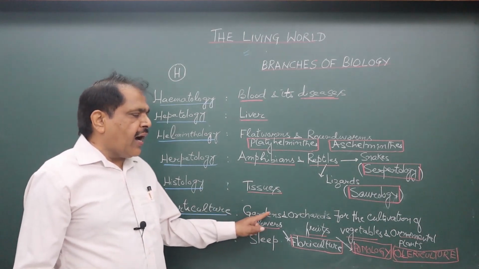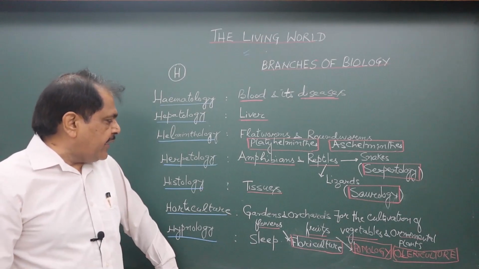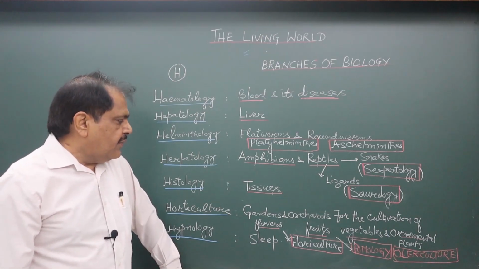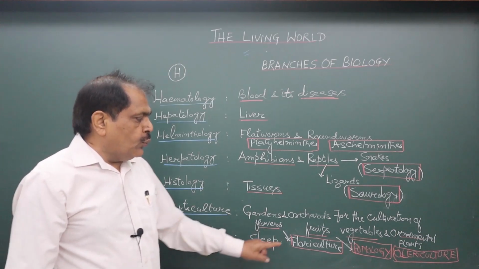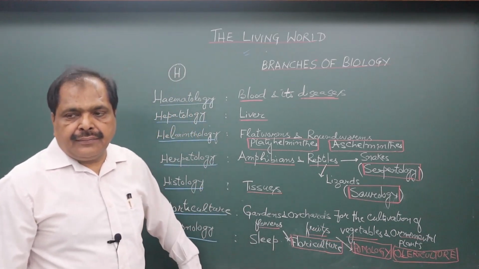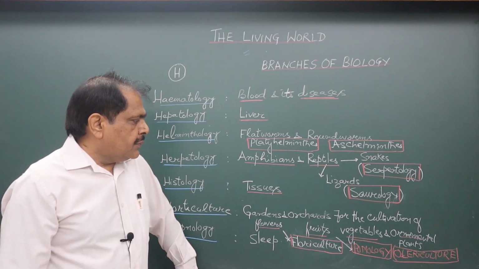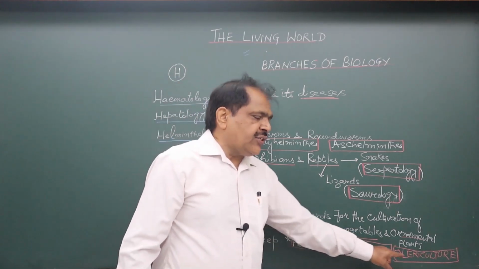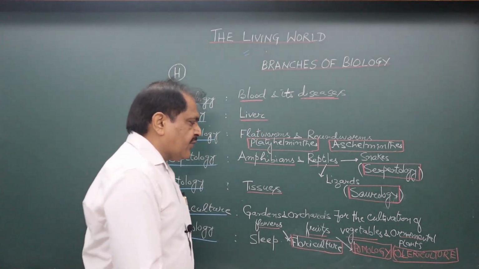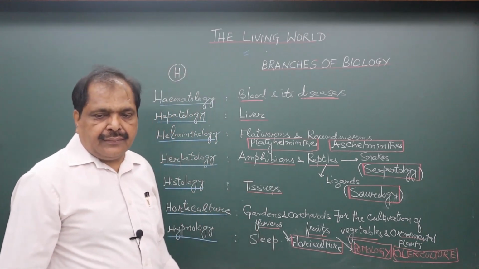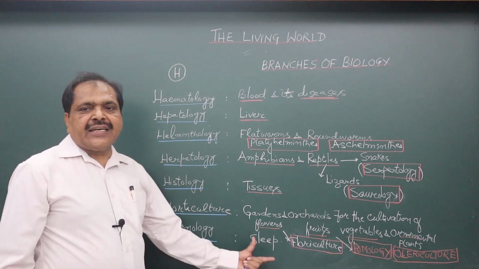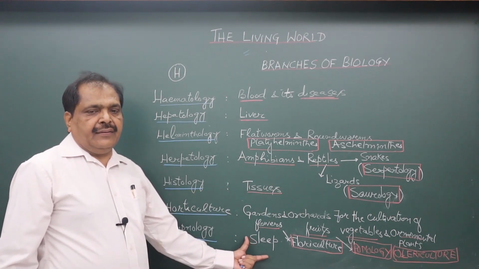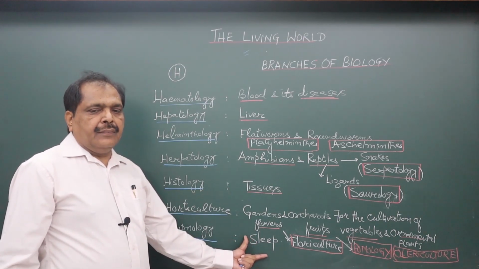It is the study of gardens and orchards for the cultivation of flowers, which is called floriculture. Fruits, it's pomology. And vegetables, it is olericulture. The study of the fruits is called pomology. Now, hypnology. It is the study of sleep in detail, deep sleep.